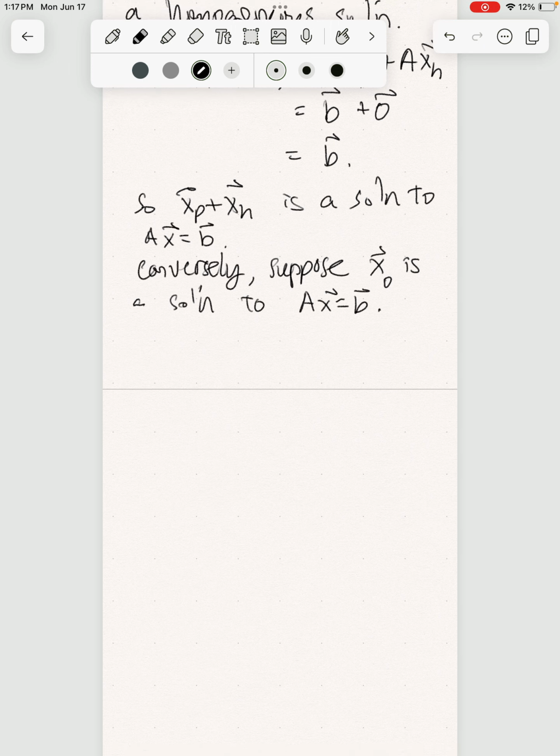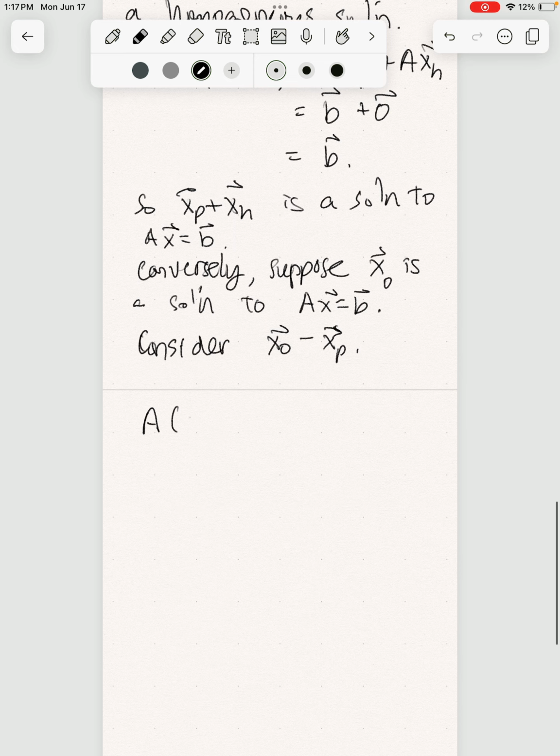Well, the reason is that, let's consider the vector x0 minus xp. What do you get when you do A to it? So A times x0 minus xp, by the linearity again, that's A times x0 minus A times xp. What's A times x0? b, by definition. x0 was a solution to Ax equals b.